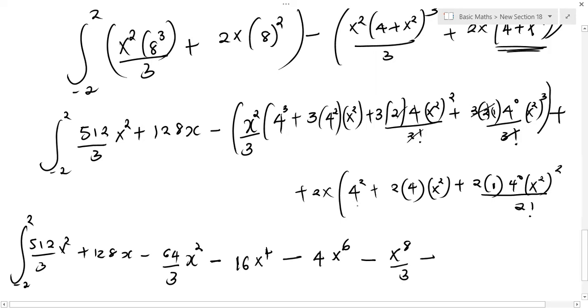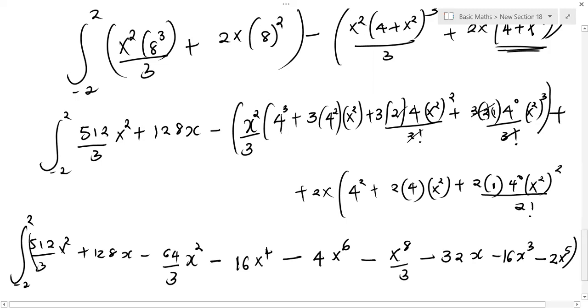So 4 squared, that is 16 times 2. So we're going to have minus 32x minus 16x cubed minus 2x raised to power 5 minus 2x raised to power 5. Wow, that was long. And all this, and then we have dx.